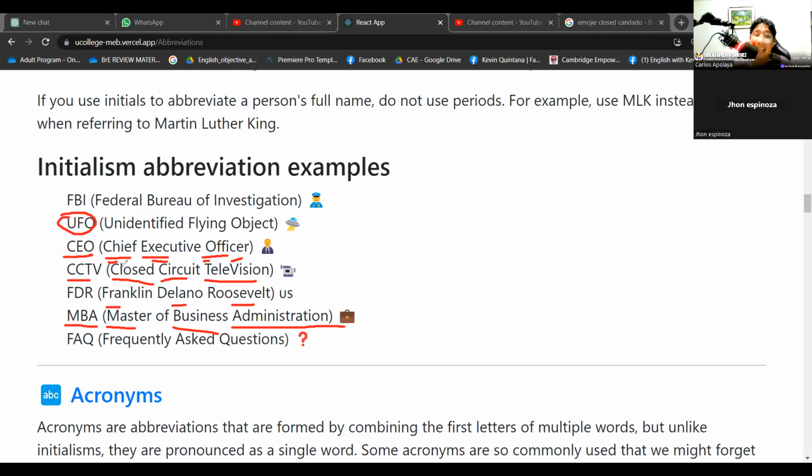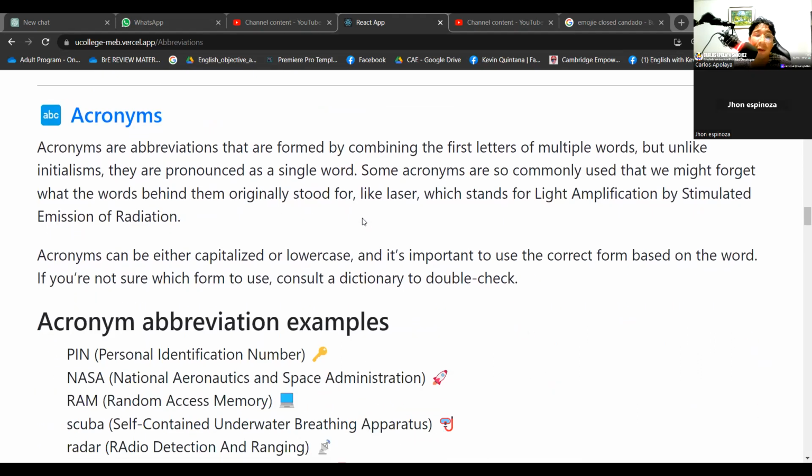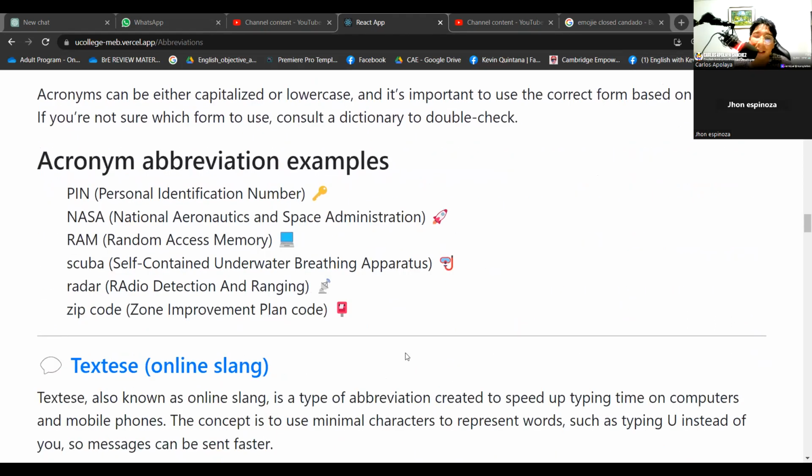Letter by letter, I say MBA, FAQ, FDR, CCTV, FBI, okay? But with acronyms, it's different. You say PIN, personal identification number. You don't say P-I-N, you say PIN. You don't say N-A-S-A, you say NASA.